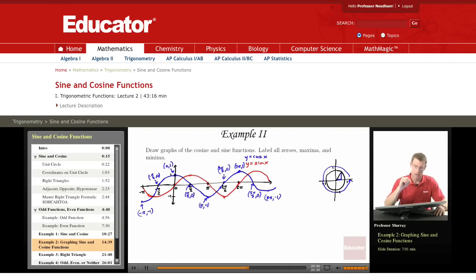And now let me do the zeros of the sine graph. There's one, 0, 0. Negative pi, 0. And pi, 0. 2 pi, 0. The maximum value would be 1, and that occurs at pi over 2, and again at 5 pi over 2.